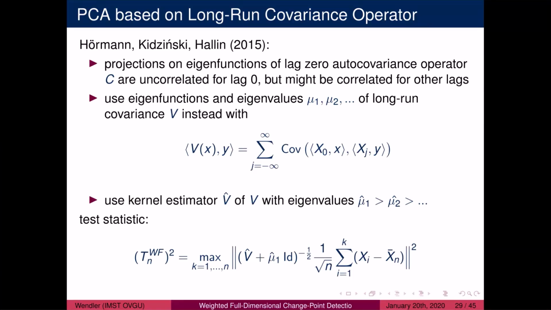Now these mu hats are just the eigenvalues as before, but not of the covariance operator of a single observation, but of this long-run covariance operator. And now we get an improved test statistic, which works exactly as before, only with the covariance operator replaced by the long-run covariance operator and the eigenvalues replaced with the respective eigenvalues. Okay, so this is our test statistic.